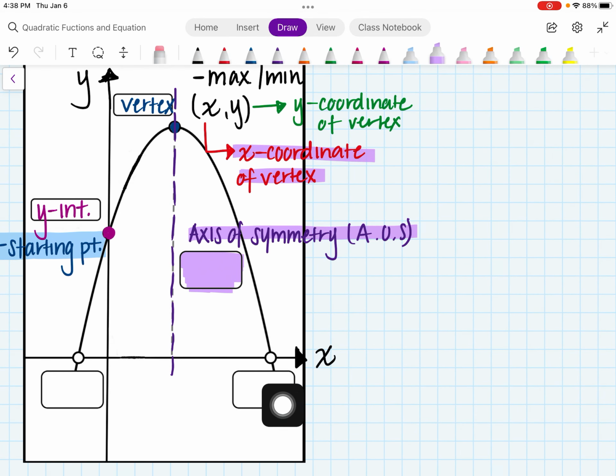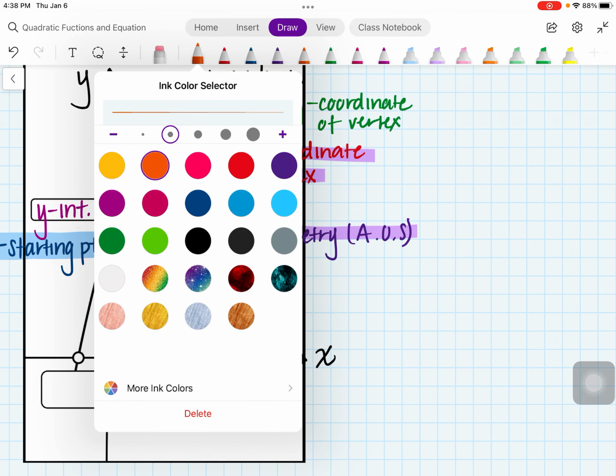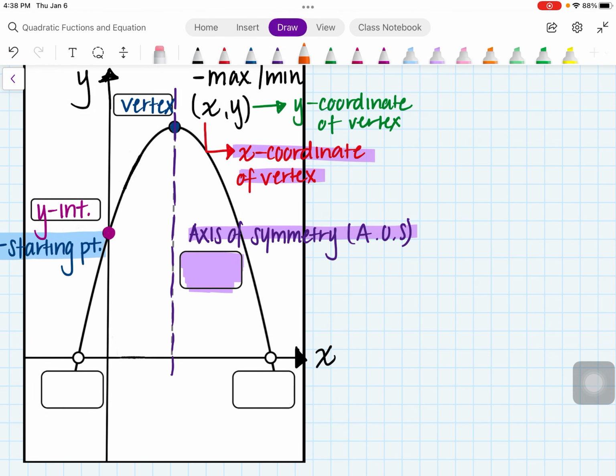Now, these last 2 points in this case, guys, would be known as our, let's do orange. We have orange already. Let's do orange. Okay. So in this case, guys, this point here would be known as the x-intercept.